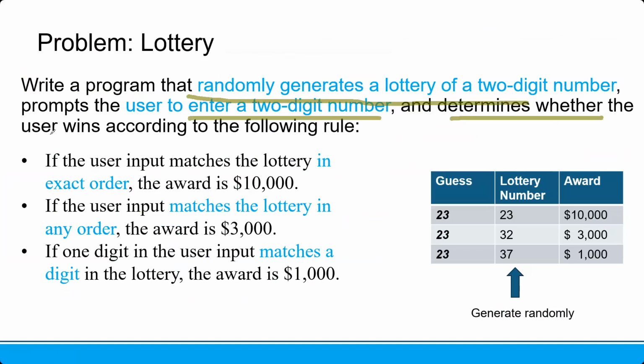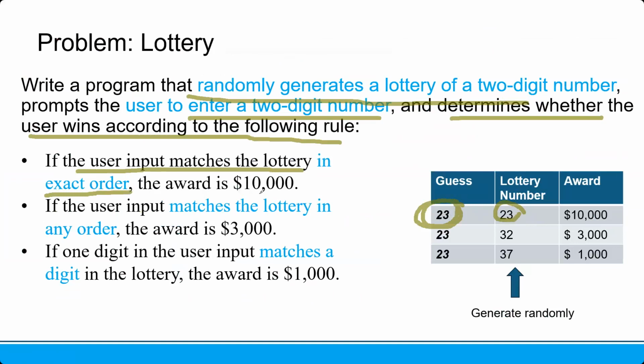And that means whether the user wins according to the following rule. So let's say the lottery number is 23, and then let's say the user guessed 23. So it means the user matches the lottery in exact order. So exactly the same, 23 and 23.